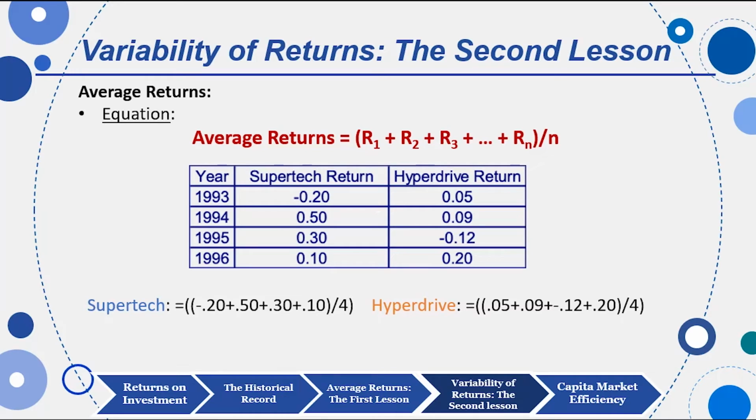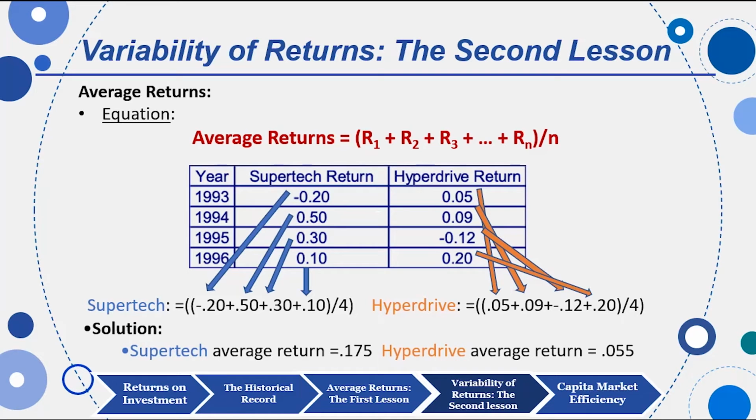So a very small number of observations. So you can see what I'm doing there, adding up all the returns and then dividing by 4 to get the average. First thing I need to do, step 1, is calculate the average, and there's how you do it. So SuperTech average is 0.175, hyperdrive is 0.055. So very simple to do.